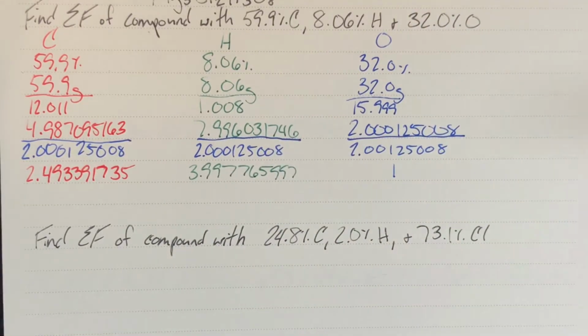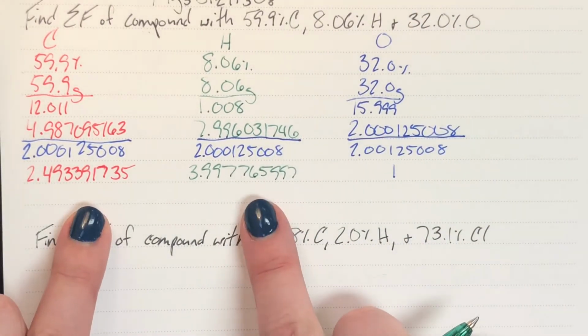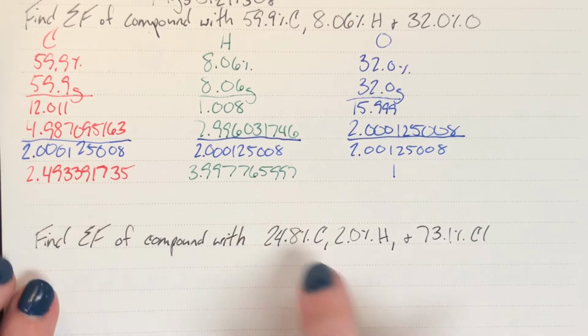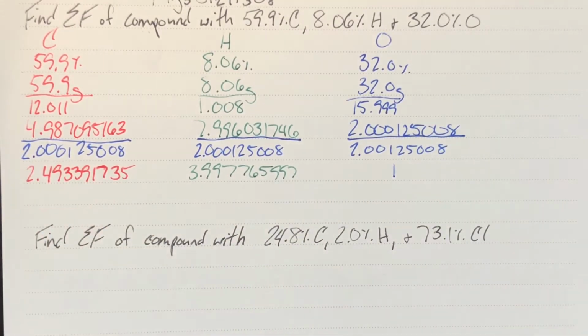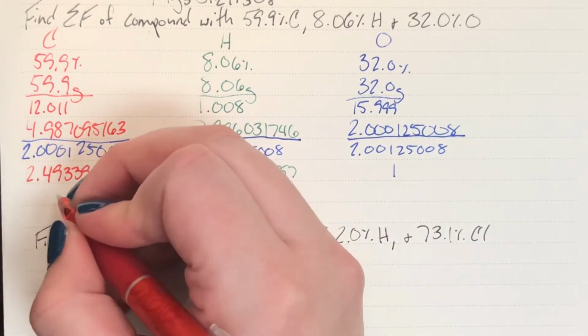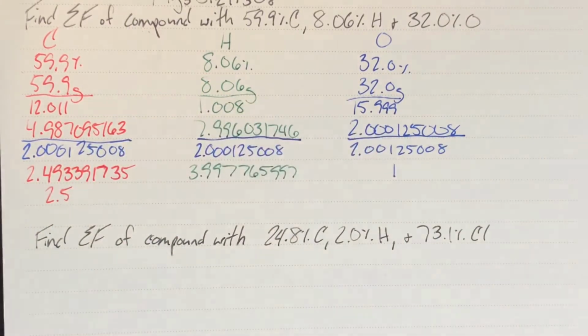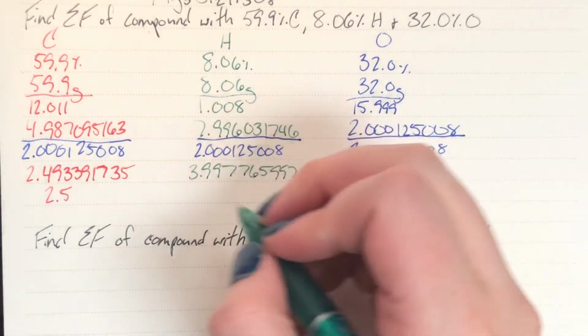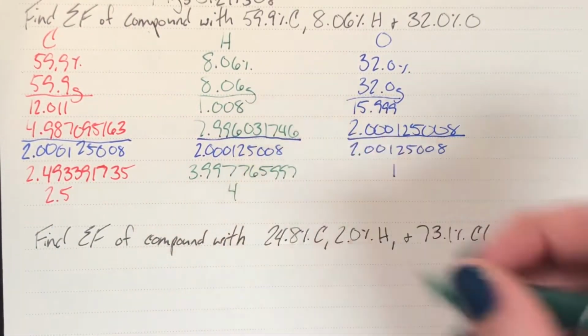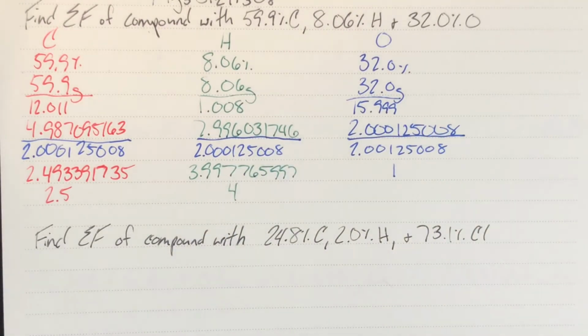Okay. I'm going to go ahead and round those. So 2.49339, whatever, is going to be close enough to 2.5. 3.9977 is going to be close enough to 4, and 1 is obviously already a whole number.